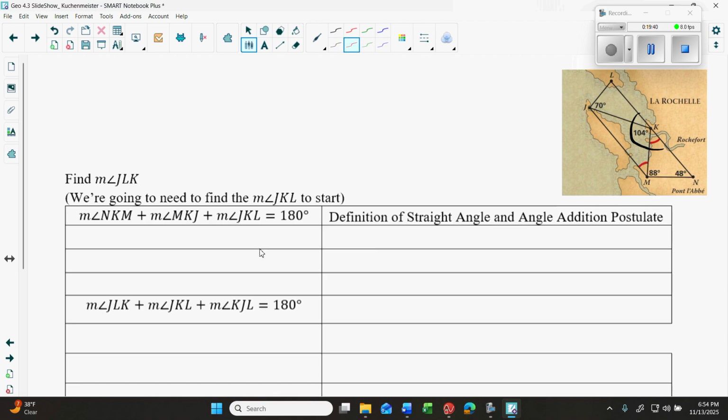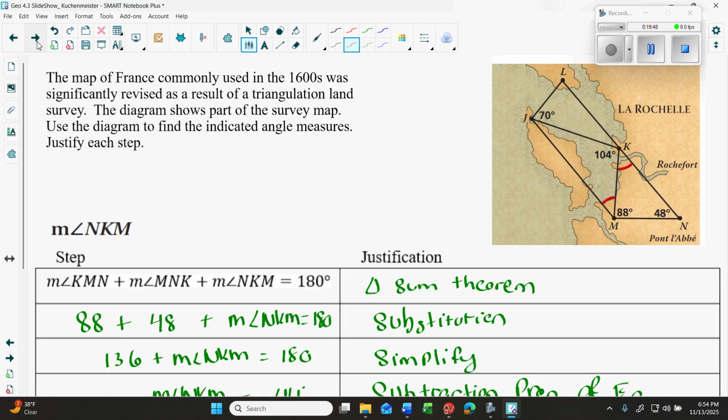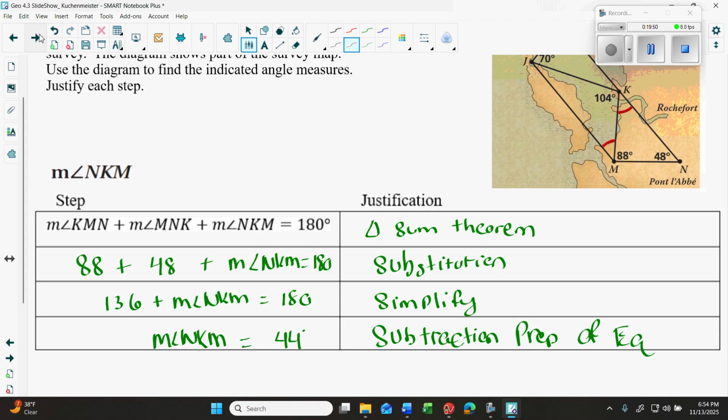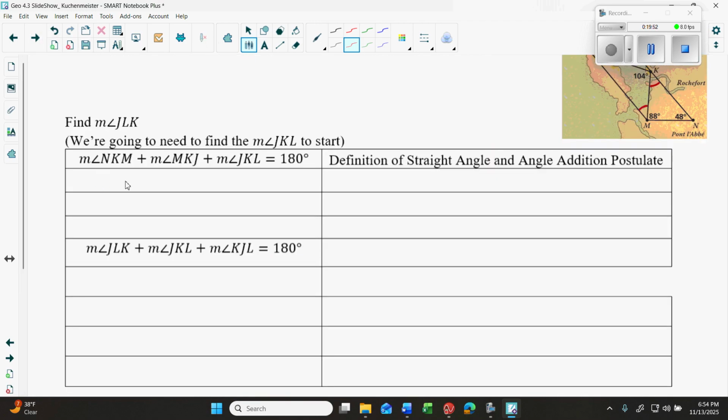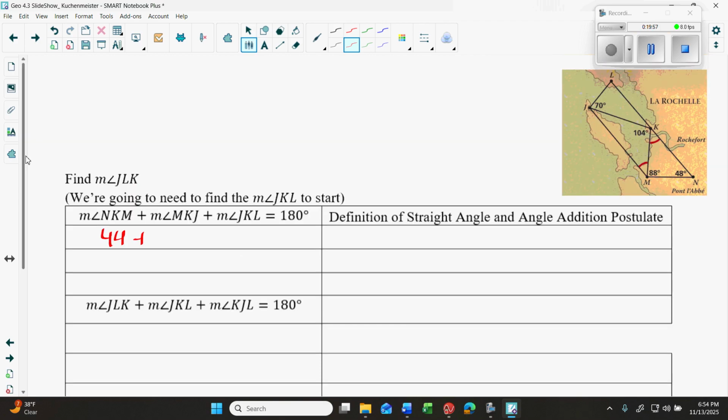All right. And now we're going to substitute. We're going to do NKM, which we just found in the last was 30. I've already forgotten. It was 44. We have 44. MKJ by the diagram here is 104.